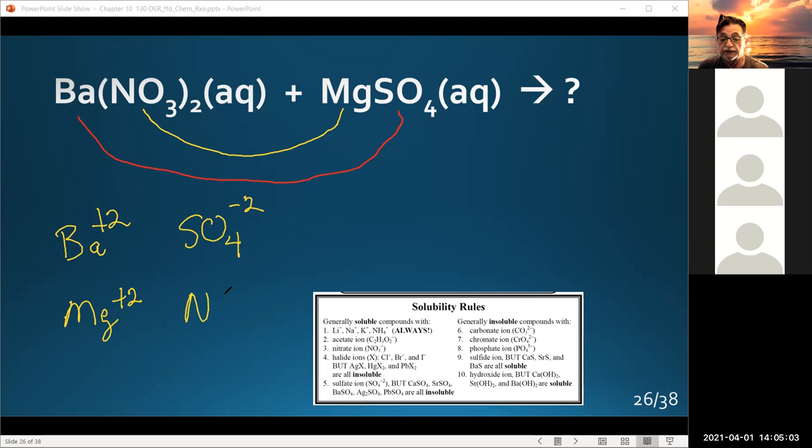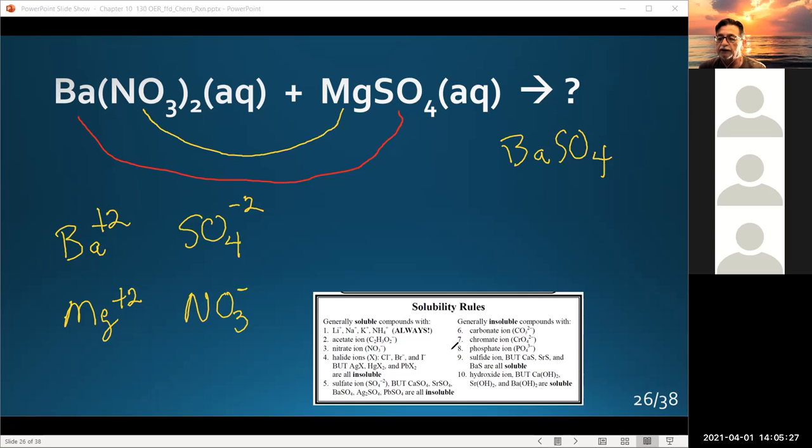And the nitrates are all -1. So those are the ions. I want to write them in ionic form first because I want to make sure that I put them together properly. And so if we look at barium and sulfate, we got a barium with a +2 and the sulfate with a -2. So its new product would be this.